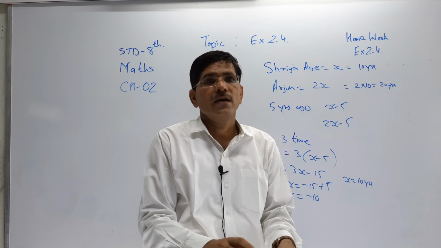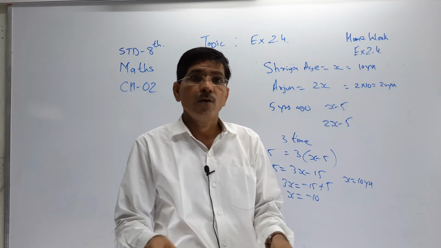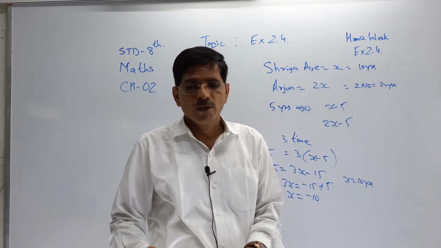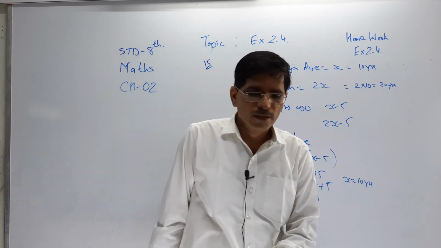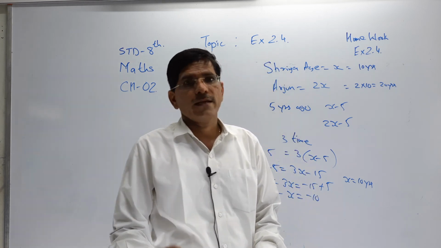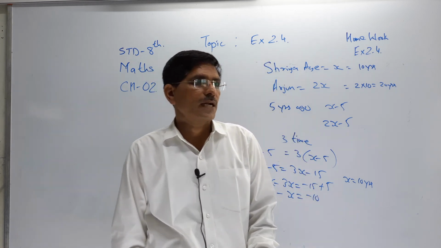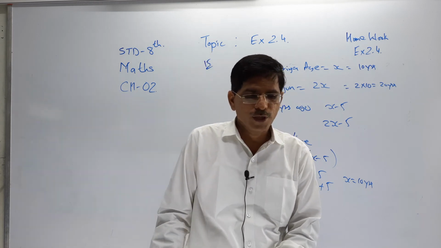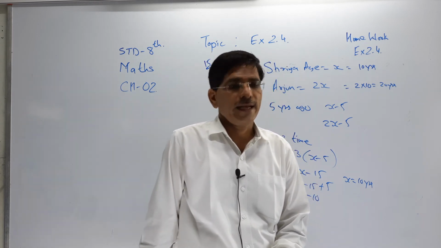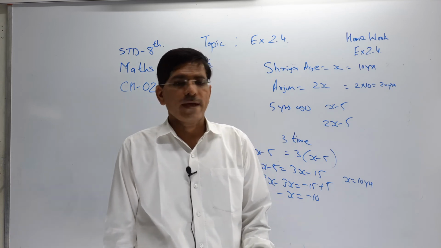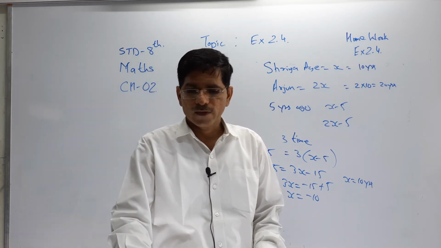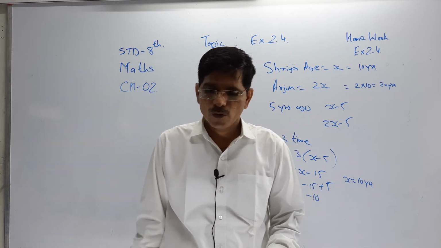Now some hints on how to do the other sums. When 2-digit sums are there, we can write the unit place as x, then the tens place is 9 minus x. That way we can also do it.